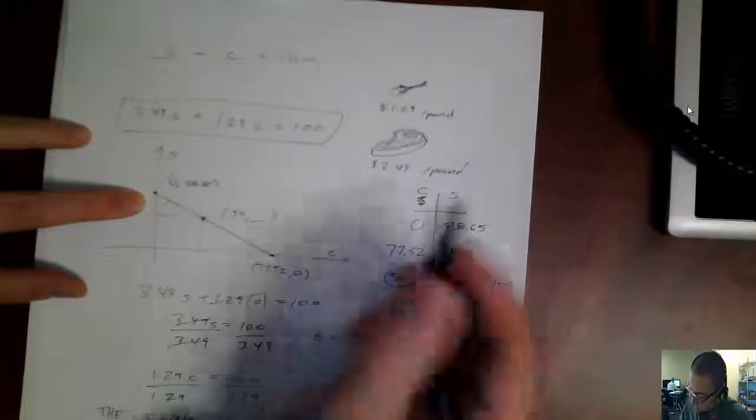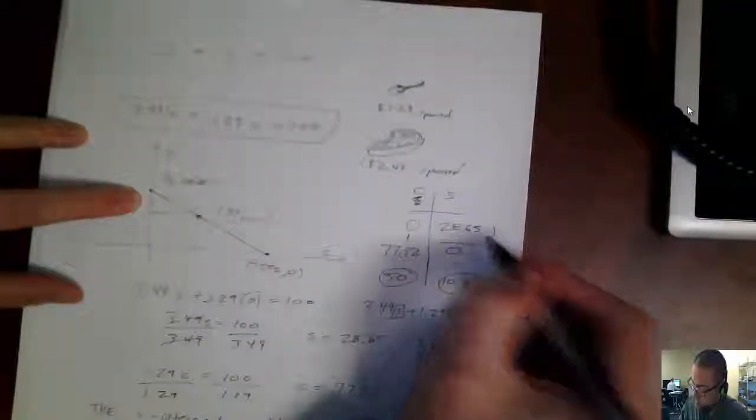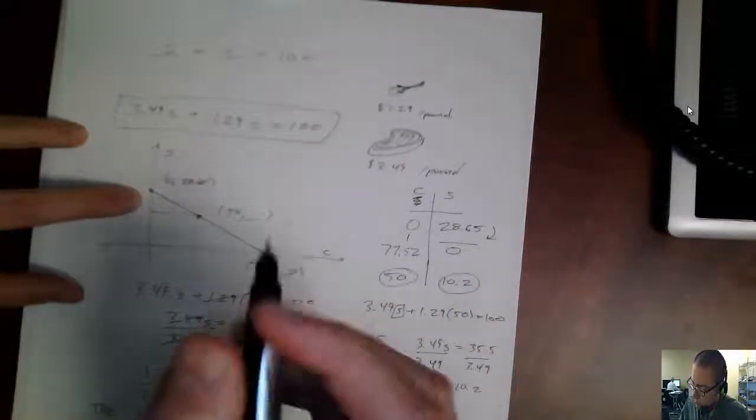So maybe you can put in some values and check what 1 pound of chicken gives you, and then see how much it changes.